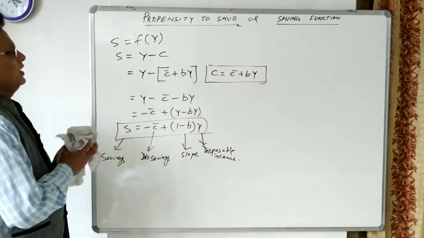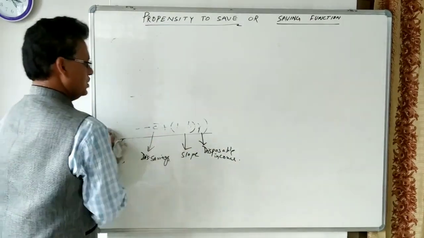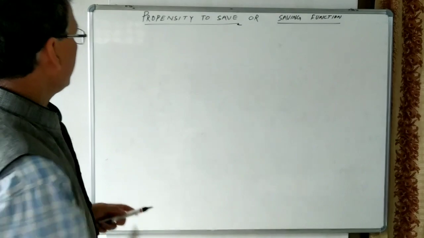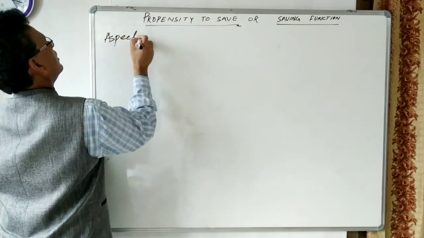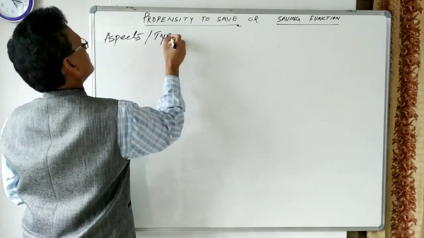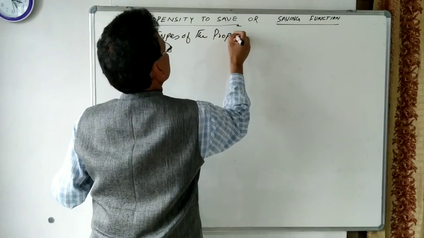Next are the aspects or types of the propensity to save. Propensity to save has two aspects or types.